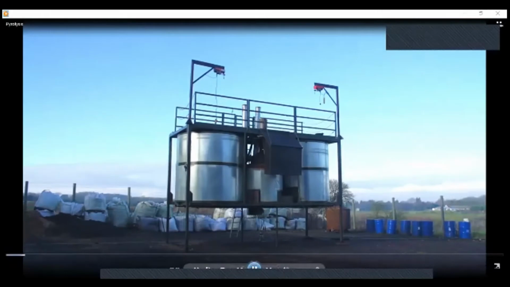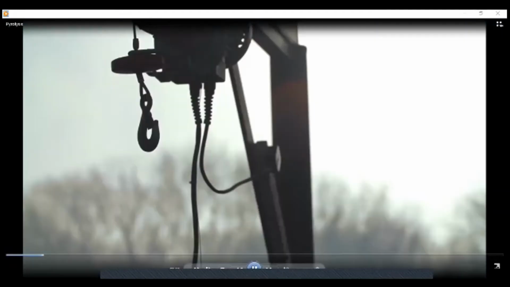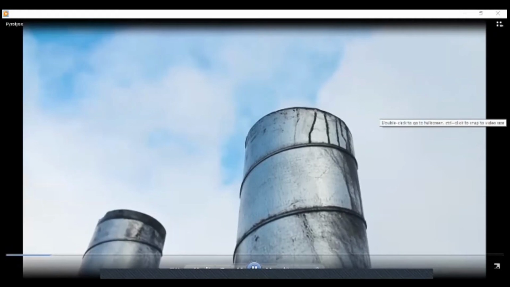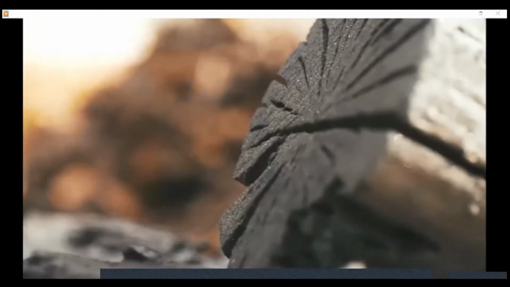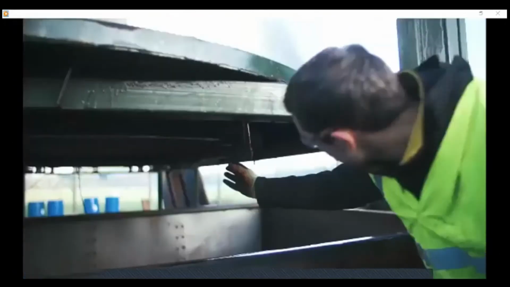Biochar kilns are a fast, efficient and clean way to transform your surplus biomass into a valuable resource that will capture carbon, improve soils and increase crop yields. Biochar is a form of charcoal used to lock carbon into the soil. It's a very stable substance that is not broken down in soils, offering you and the planet long-term benefits.